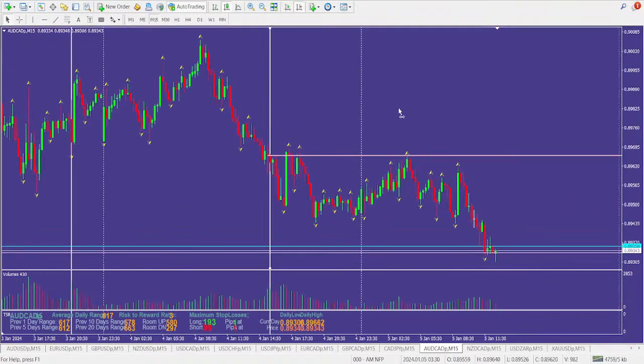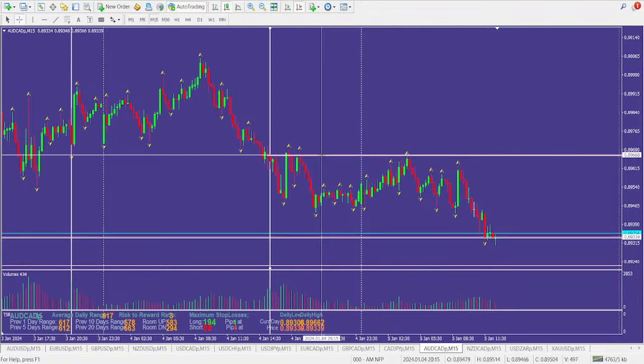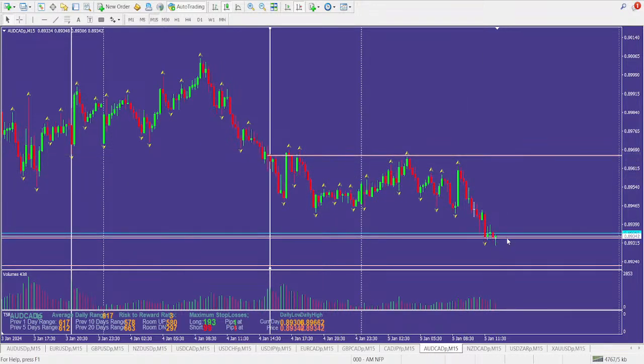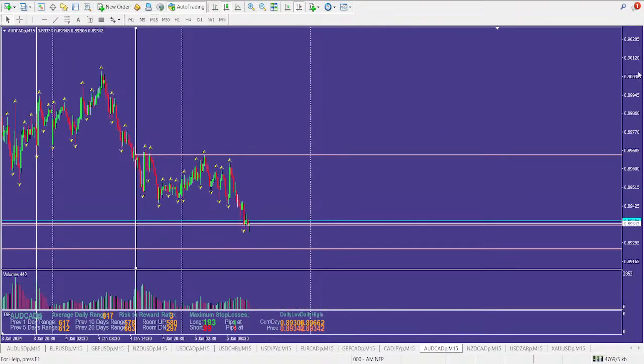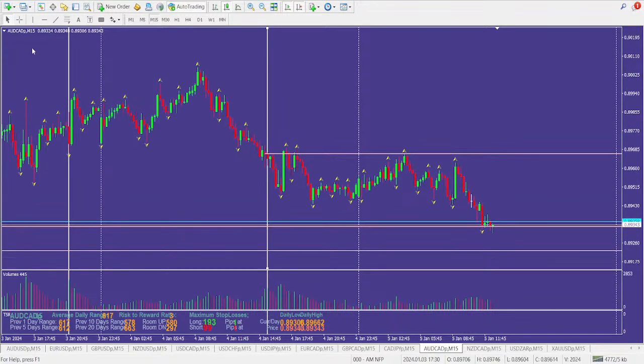So this one pretty clear. We've got price pushing down from this supply level clue, currently testing our demand level. So obviously we want to be looking for buying opportunities over here. So we'll be looking to buy here.